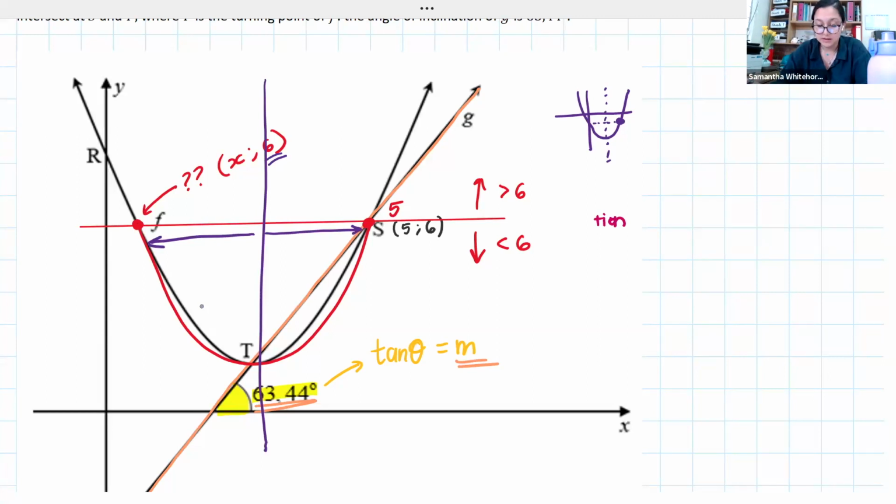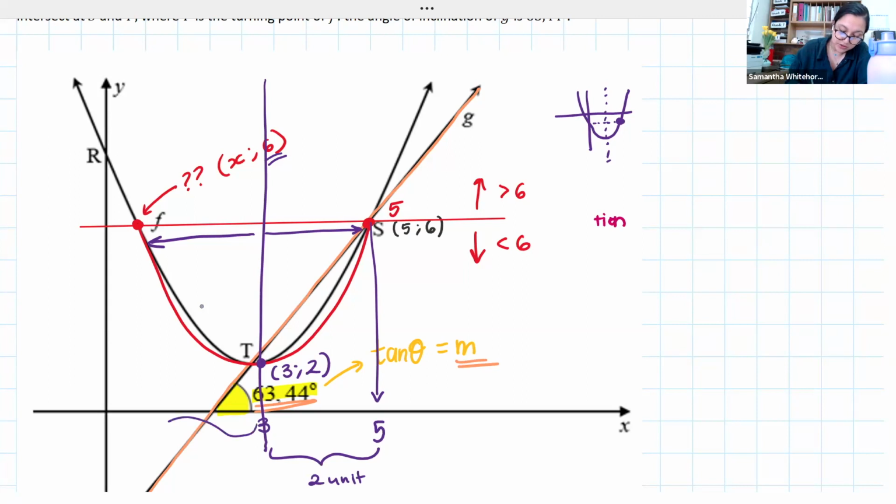It's equidistant. So my turning point we worked out to be 3, 2, which means if I'm starting at 3 on my x-axis and S is at 5, the distance between those 2 points is 2 units, which means the distance from T to this mirror image point over here is also 2 units, which means that if we're starting at 3 and we're going to the left by 2 units, this has an x coordinate of 1.